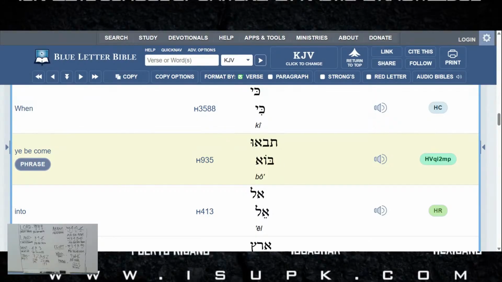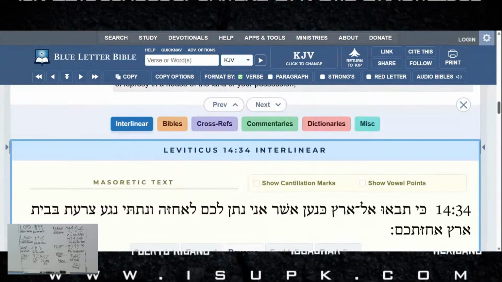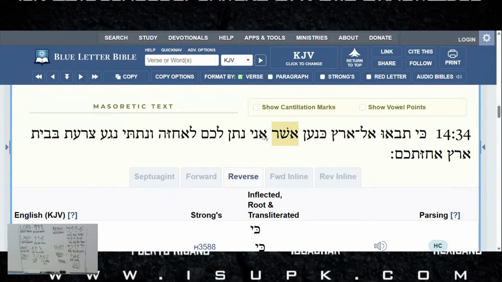Okay, so that's how we know that that's true. Now, oh damn, I took it unhighlighted. Okay, put it back up here. So you got for or when you come, or you enter into, unto Aratazah, which is land. Aratazah, land, of Canaan, right?